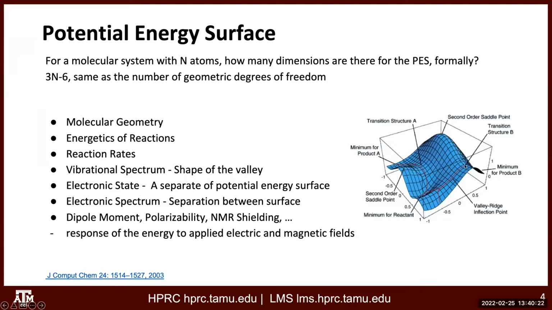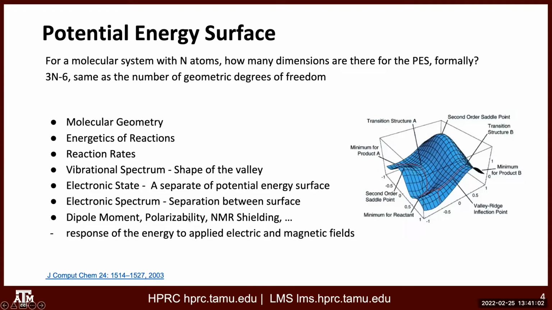Here we only show one surface. That means when you move across different points on this surface, you stay in the same electronic state, with no electron transfer between states. When you talk about an electronic spectrum, it is actually the gap between different surfaces.